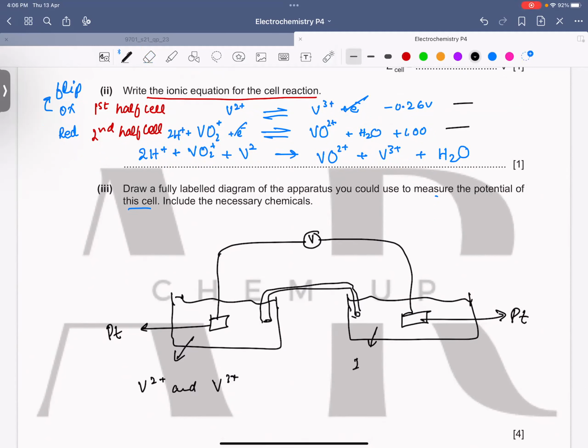Here it could be hydrogen ions because VO2 positive ions and VO2 positive ion.